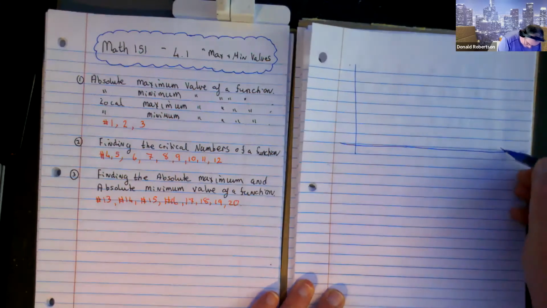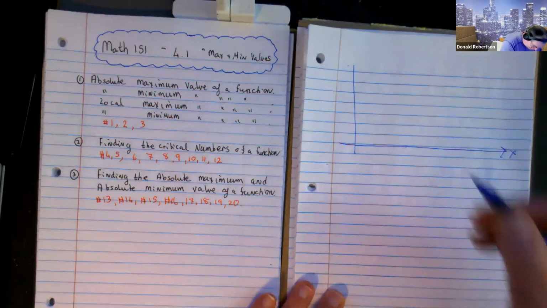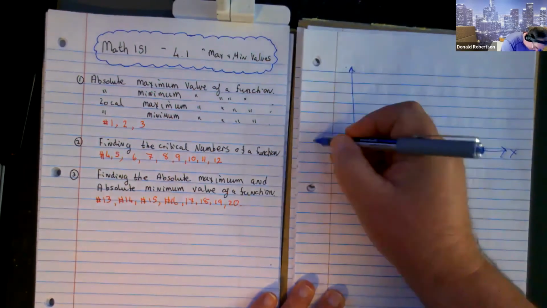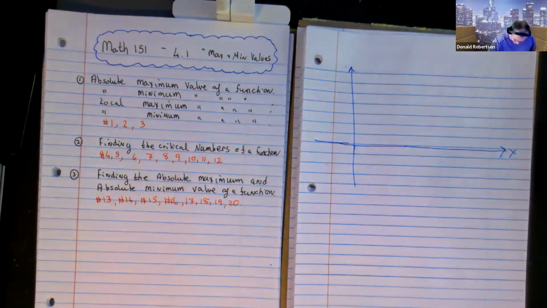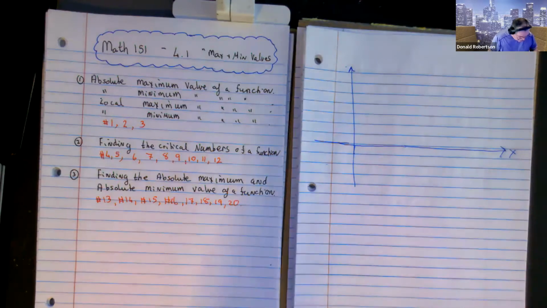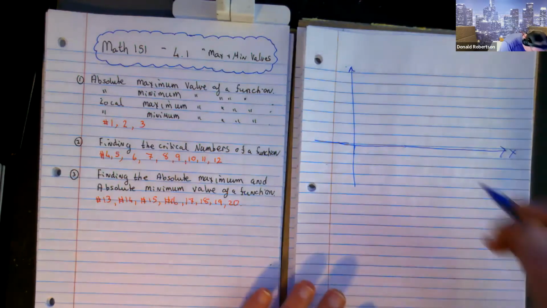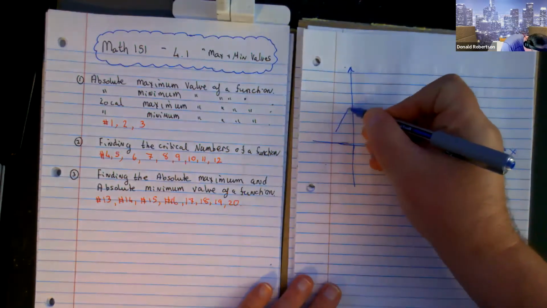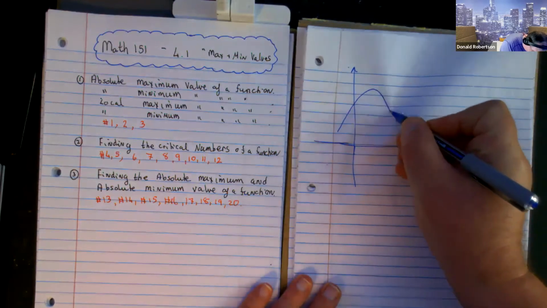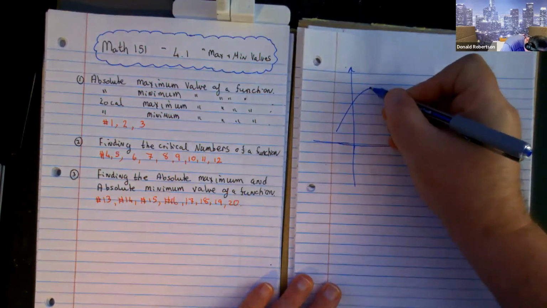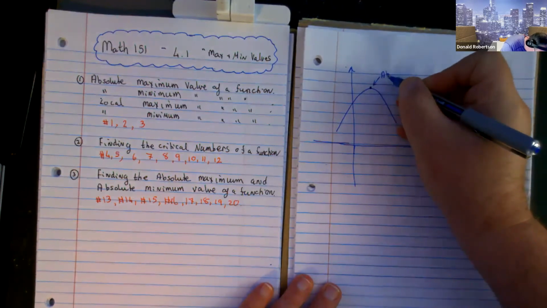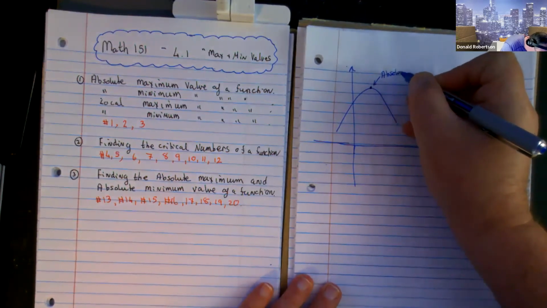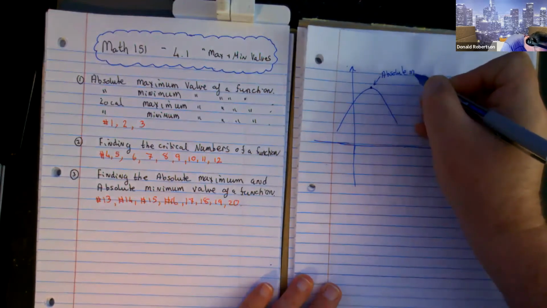So imagine this is our guy. Let me show you what an absolute maximum would be. Can you imagine a function that goes up and it goes down? That guy there is an absolute maximum.